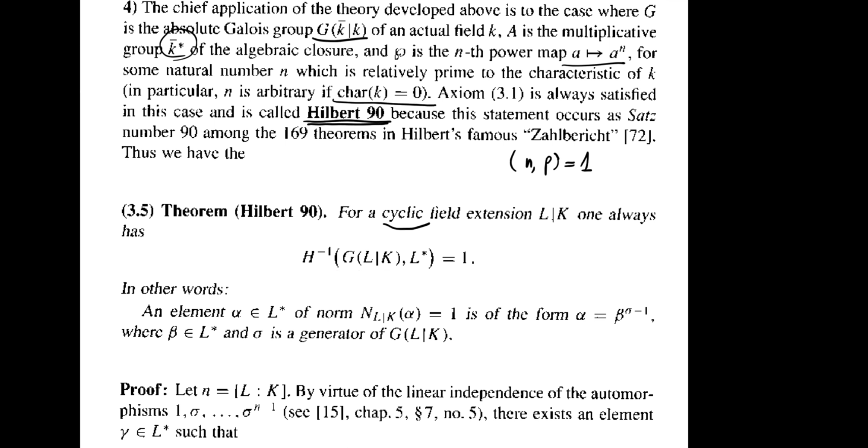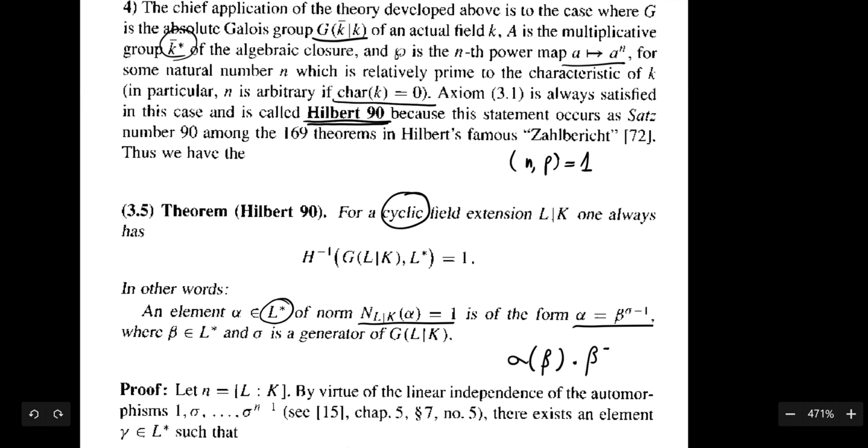In other words, any element of the multiplicative group of L of norm 1 is of this form: the image of sigma, so it's sigma of beta over beta, that is, beta inverse.